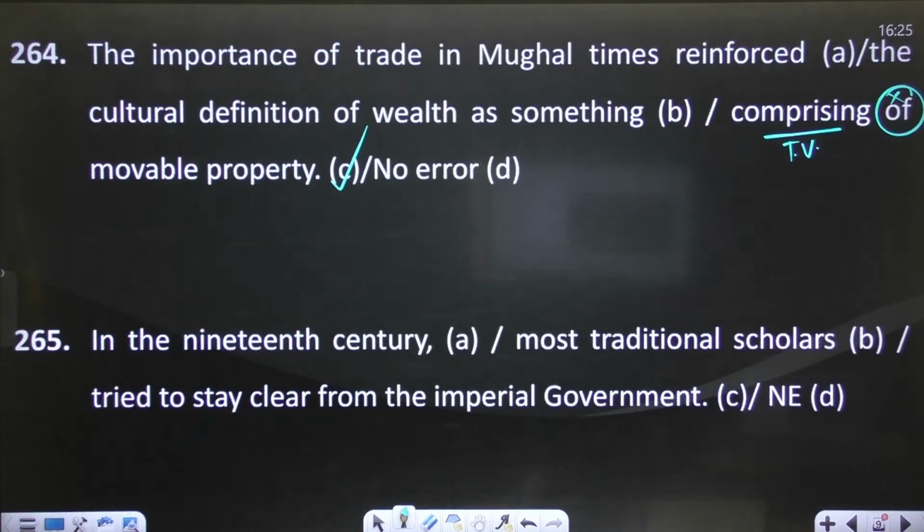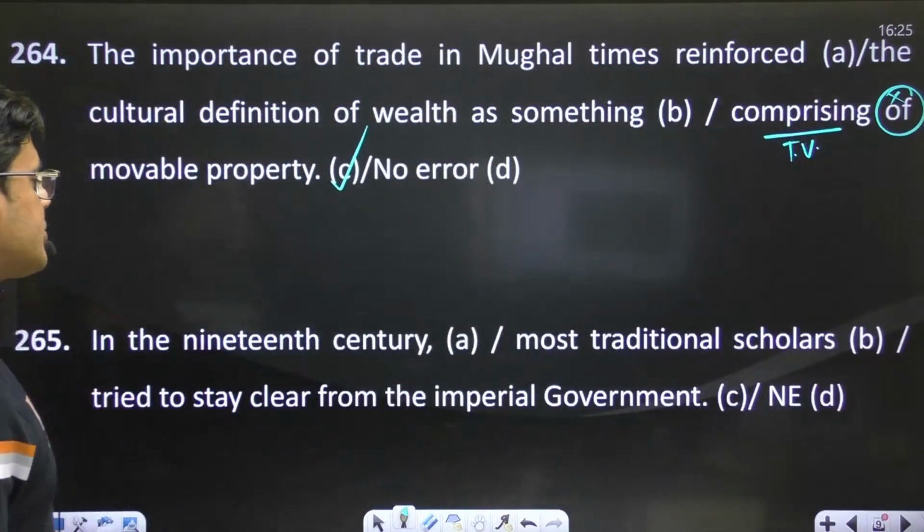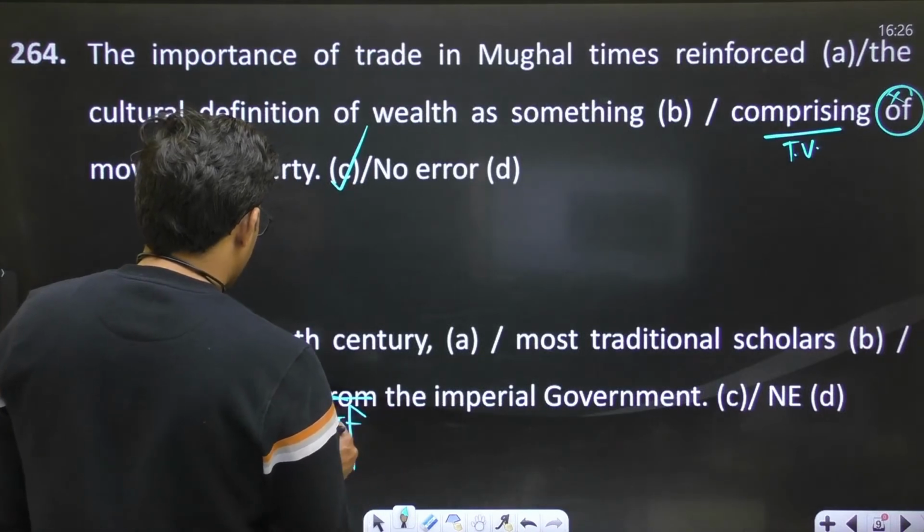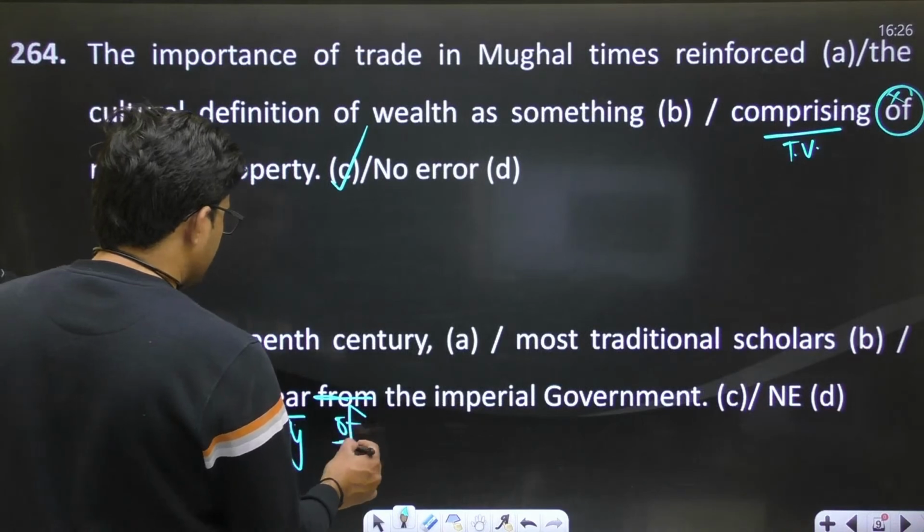The word clear demands the preposition of, not from.